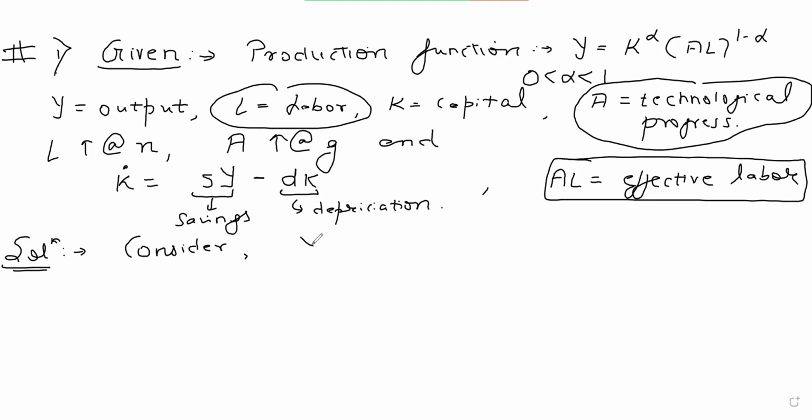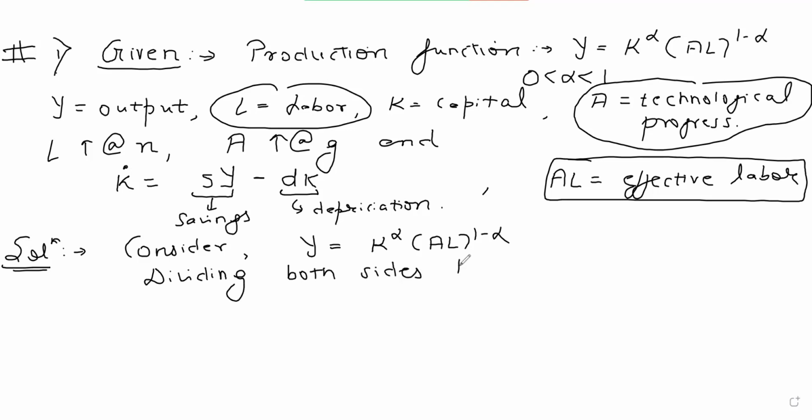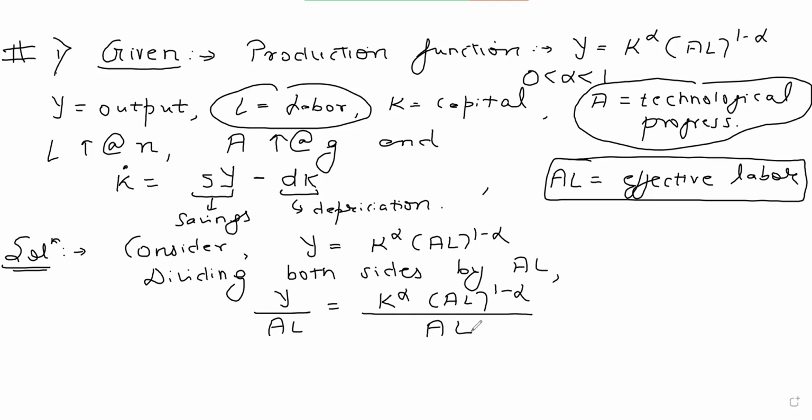Consider the production function Y = K^α (AL)^(1−α). Dividing both sides by AL, I get Y/AL = K^α (AL)^(1−α) over AL. I have just divided both sides by effective labor.